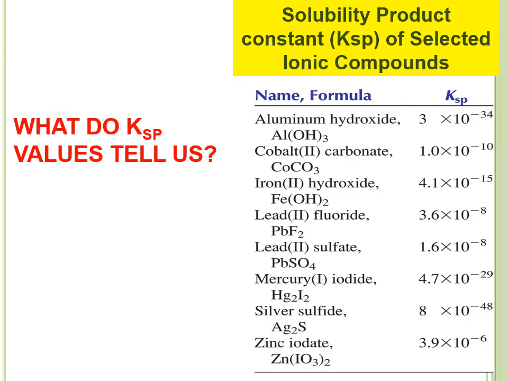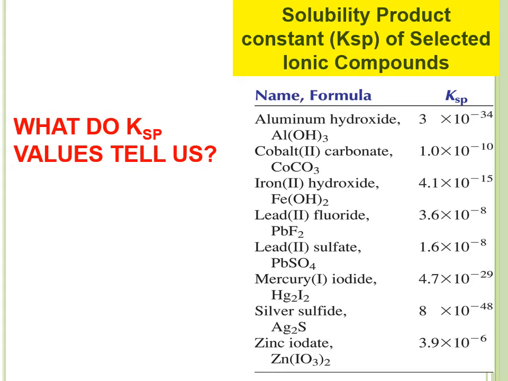Here is listed the solubility product constant Ksp for selected ionic compounds. You can see the aluminum hydroxide has 3 times 10 to the power negative 34, but that's not the smallest number. The smallest one is silver sulfide.